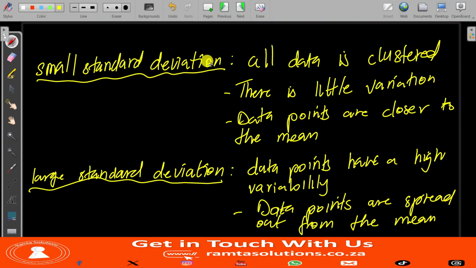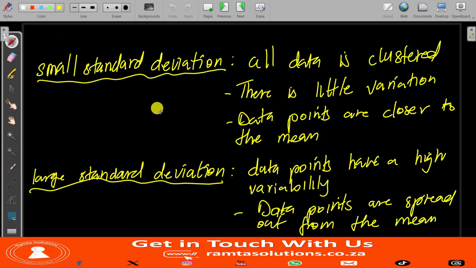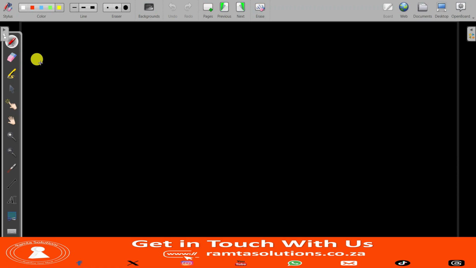But now, what is the formula that we use for standard deviation? Remember, we said it is the square root of the variance. The variance was this part here, squared, right?